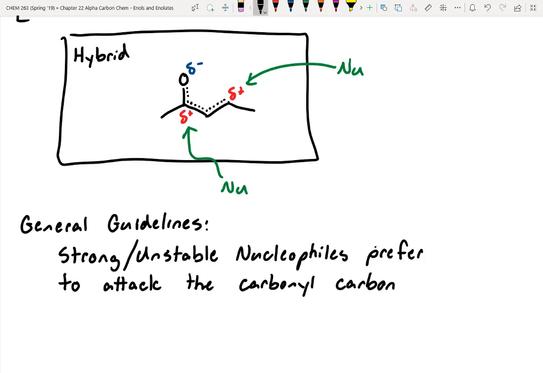So if we think about a Grignard reagent, for example, we know Grignard reagents are really, really unstable. They'll always attack into that central carbon on an aldehyde or a ketone, without exception. However, stabilized nucleophiles will actually prefer the other carbon.